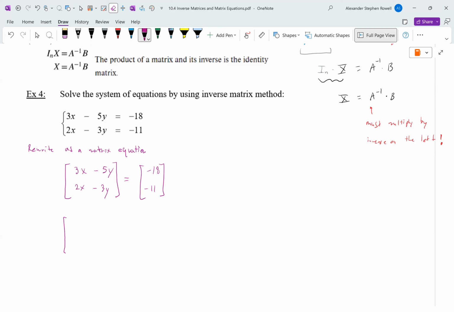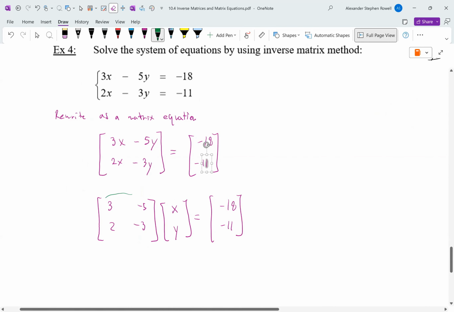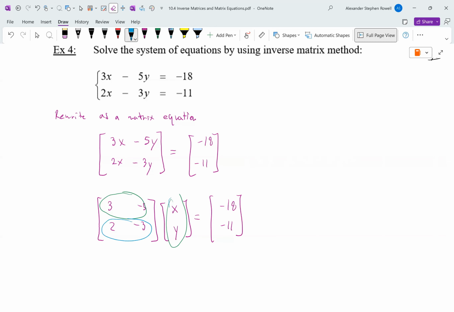Okay, this is a tricky thing: we're going to take just the coefficients, 3, negative 5, 2, negative 3, and multiply by vector xy. Can you verify for me that this is okay? If I multiplied this, I would get 3 times x minus 5 times y. Yeah, and if I multiplied this, I would get 2 times x minus 3 times y.